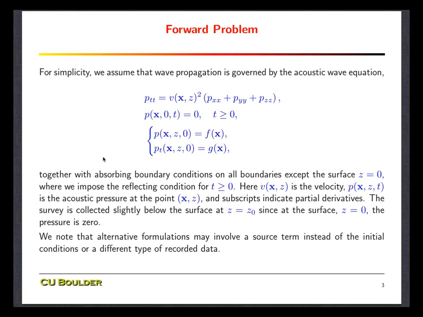The forward problem is formulated with the half space having zero pressure on its surface, and it's a well-posed problem. We can always solve that. The measurement has to be done a little bit below the surface, because on the surface the function is zero. And there are alternative formulations, but that's what we'll work with.